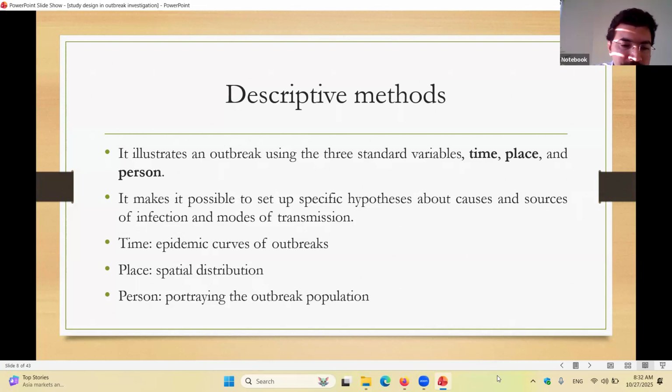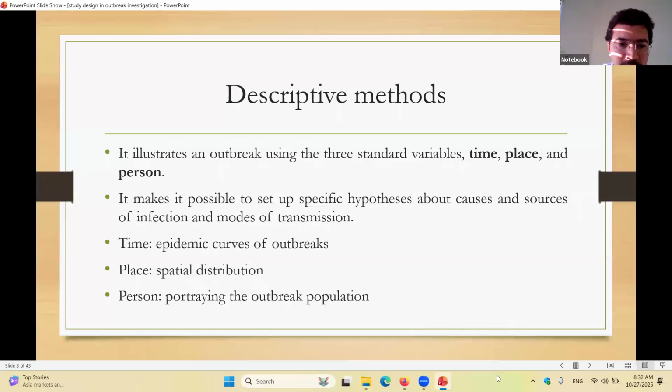For example, for time, we can mention epidemic curves of outbreaks. Using the epidemic curves of outbreaks is a descriptive method in outbreak investigation. For place, we can study spatial distribution.